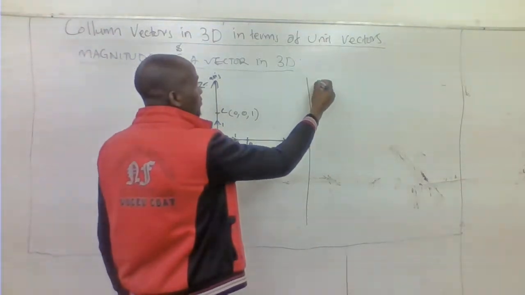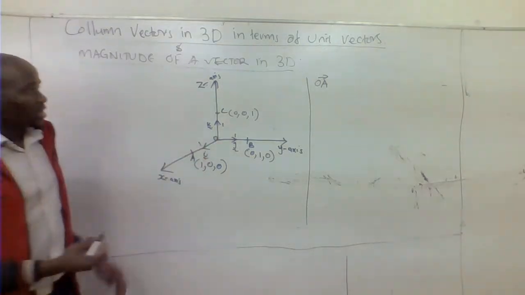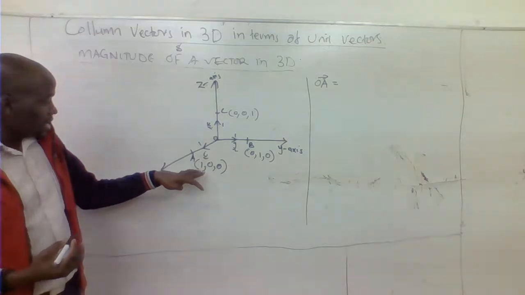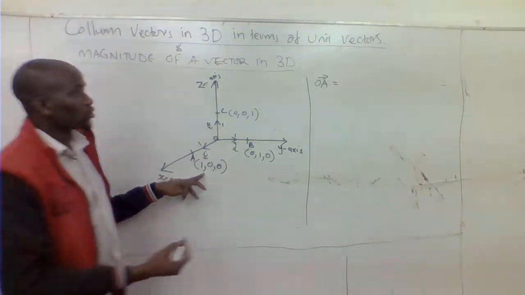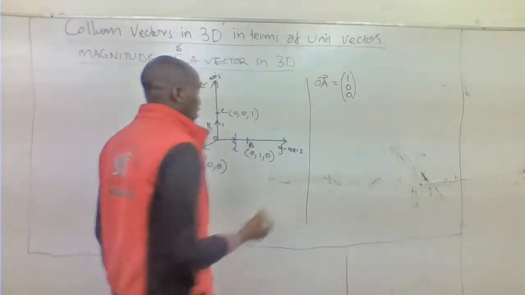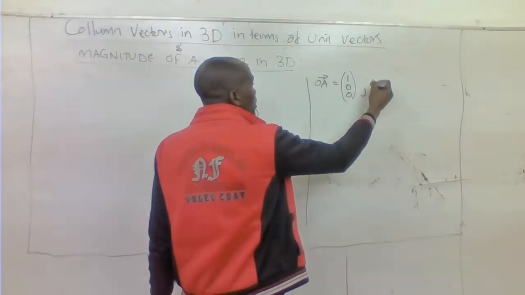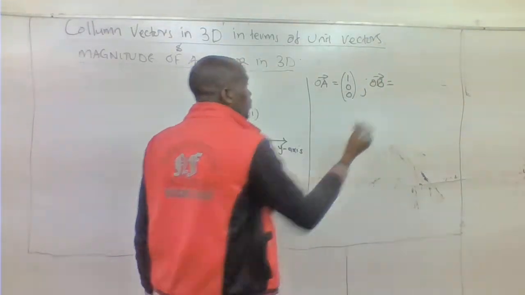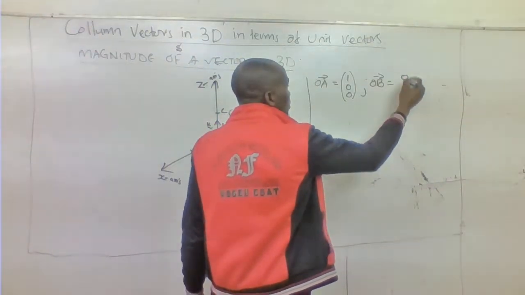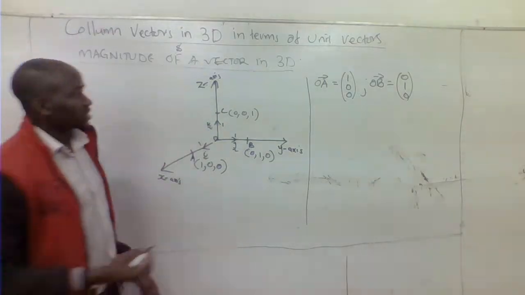So vector OA, that is the position vector, in terms of a column vector, is going to be 1, 0, 0. Then we also have vector OB, which is going to be given as 0, 1, 0. Then finally we have vector OC.